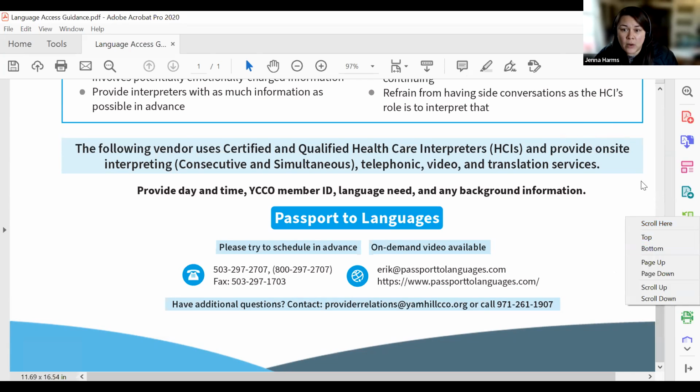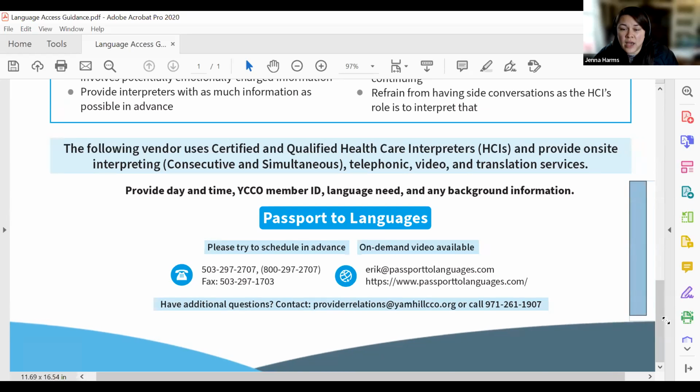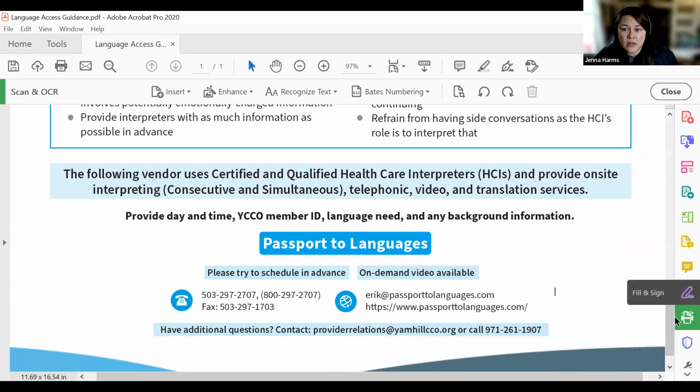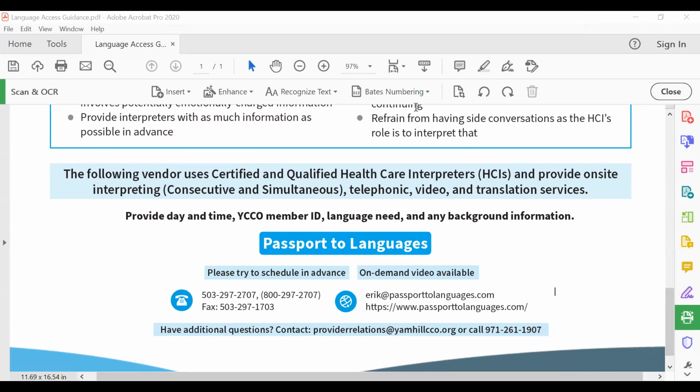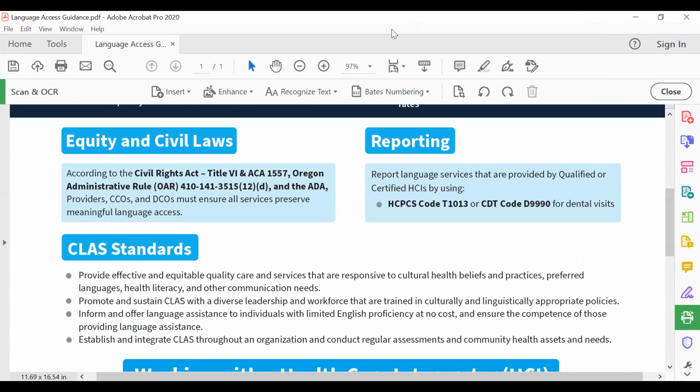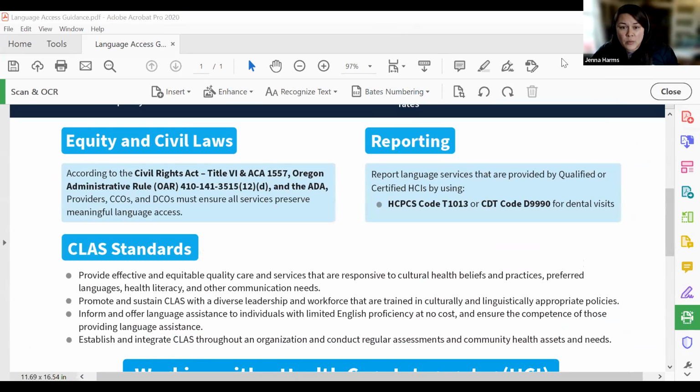I want to talk a little bit about coding as it relates to how you as a provider can demonstrate that you are providing language services. There are codes available to report when you provide language services by a qualified or certified healthcare interpreter. There's this HCPCS code, T1013.